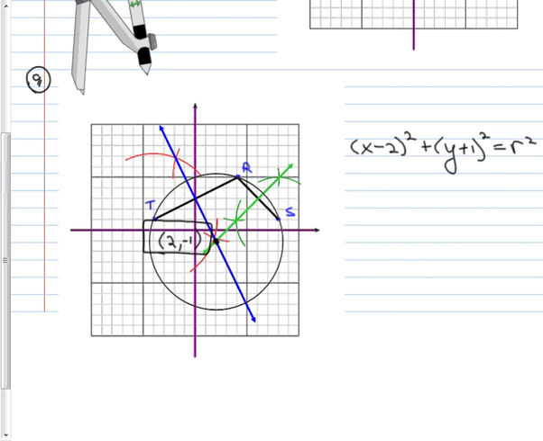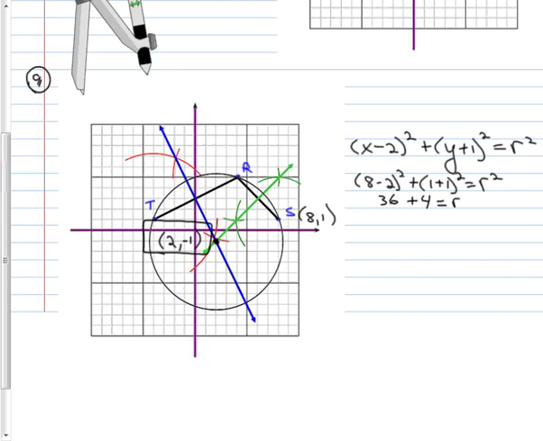So who can tell me what do we do? We find a point on that circle. Can you tell me a point on the circle? Sure, S happens to be 8, 1. I just need any point. I'm going to fill in the 8, 1. It's x and y. 8 minus 2 quantity squared plus 1 plus 1 quantity squared equals the radius squared. 8 minus 2 is 6. 6 squared is 36 plus 1 plus 1 is 2. 2 squared is 4.